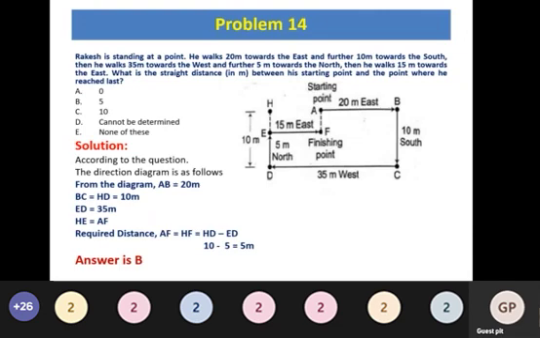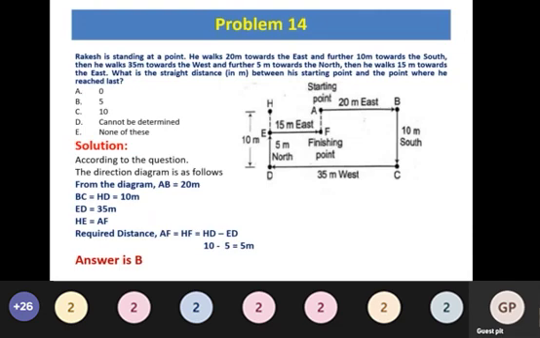As far as the diagram is concerned, let us see the solution. According to this question, the direction diagram is as follows. From the diagram, AB is equal to 20 meters, BC is equal to HD is equal to 10 meters. So ED is equal to 35 meters. HE is equal to AF.